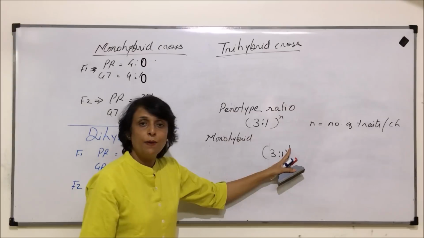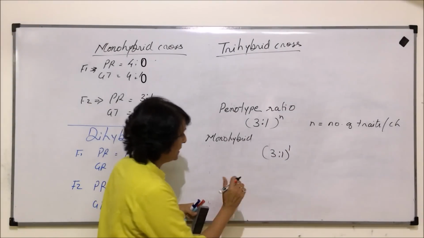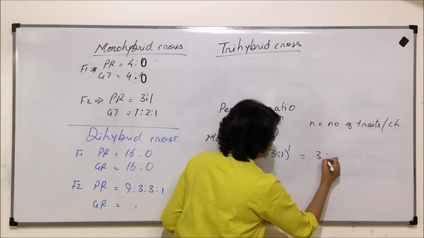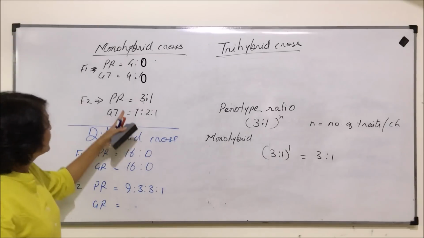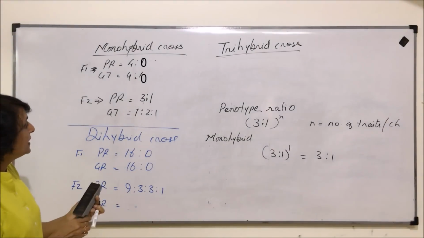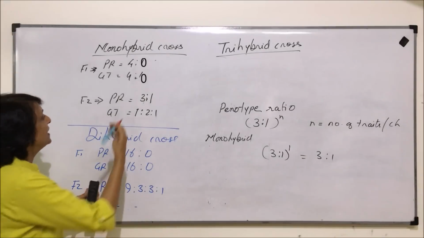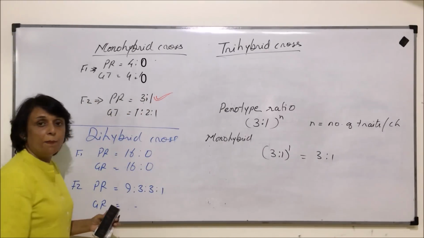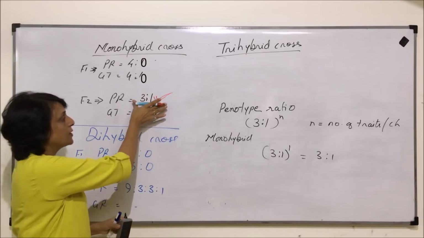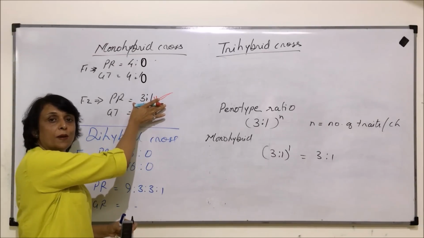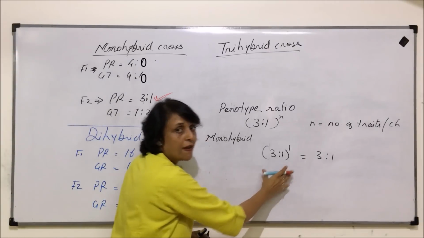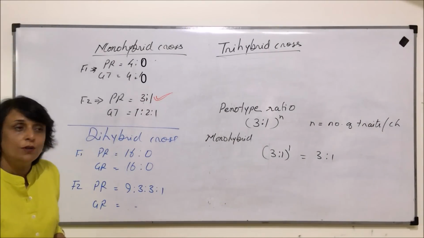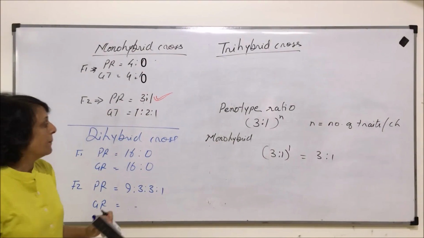So it is going to be 3:1. Are we getting the same ratio here? In case of monohybrid, our phenotype ratio by the orthodox method was 3:1. And if we calculate using the formula, we also get the same.